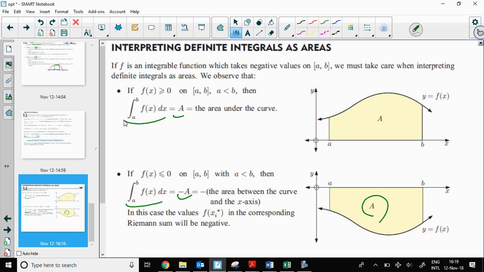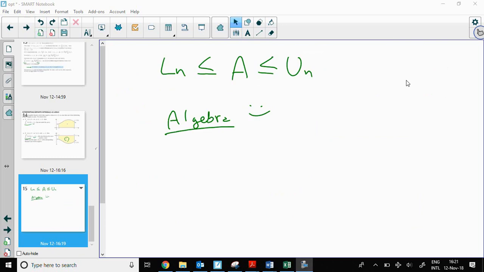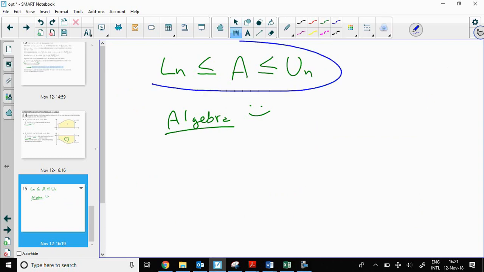So there's that. Okay, so what were the major points from this video, which is pretty lengthy considering I did exactly one problem? First, the area is squeezed between the lower rectangles' areas and the upper rectangles' areas, and again, this is going to come up later on in the option topic, so that's super important.